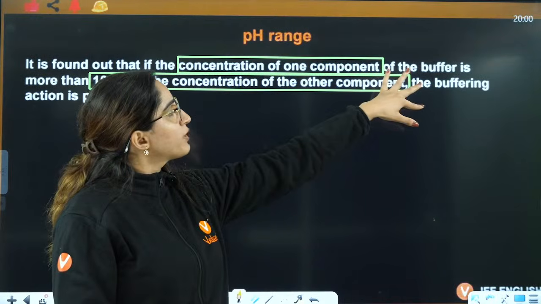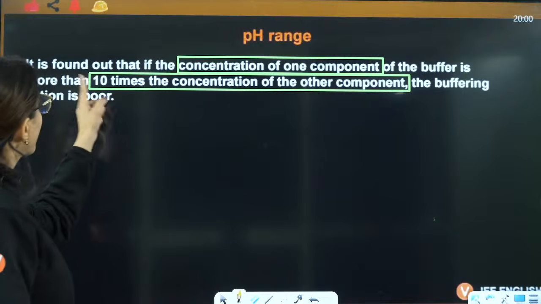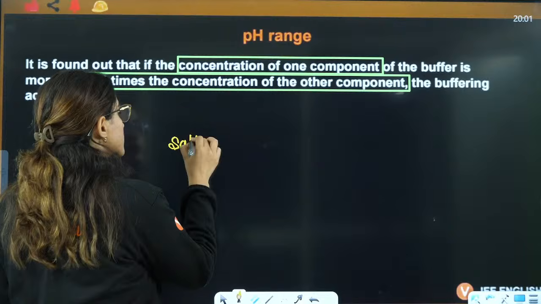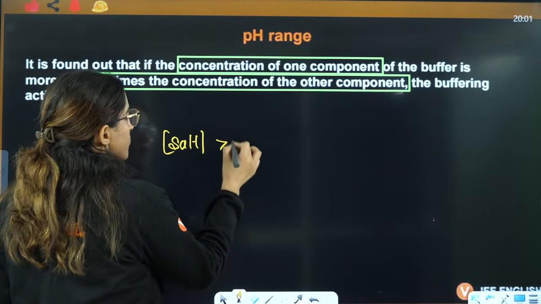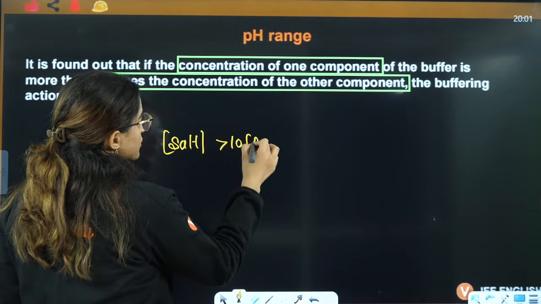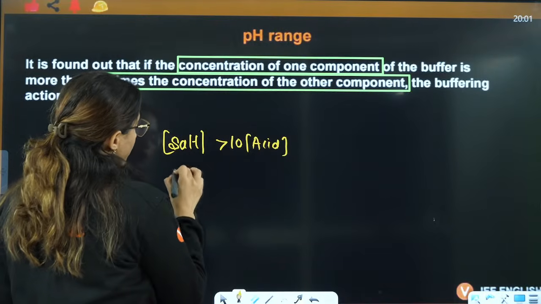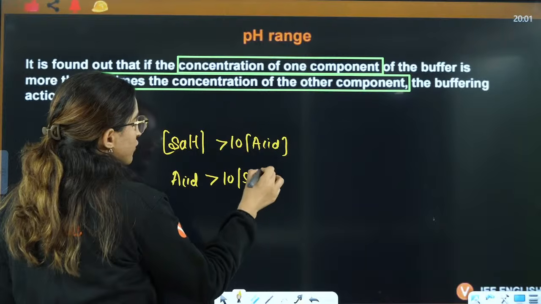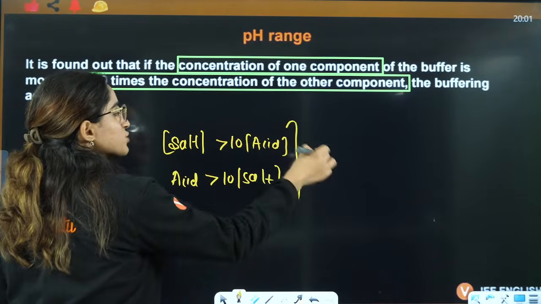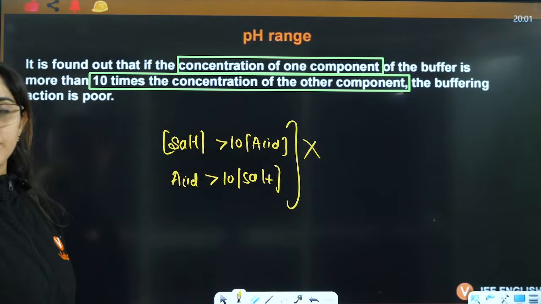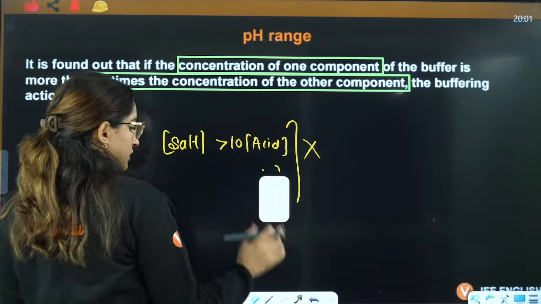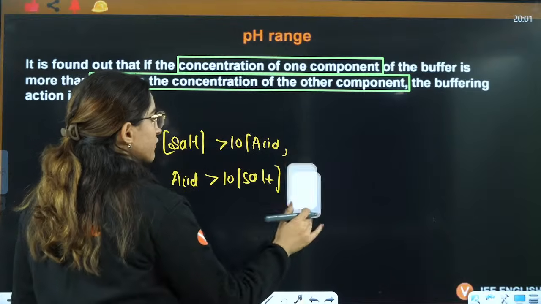Concentration of a component of the buffer is more than 10 times. If I say salt concentration is more than 10 times the concentration of acid, or concentration of acid is more than 10 times the concentration of salt, then it is not a buffer. Then the buffering action will be less. How do I write this in a different way?